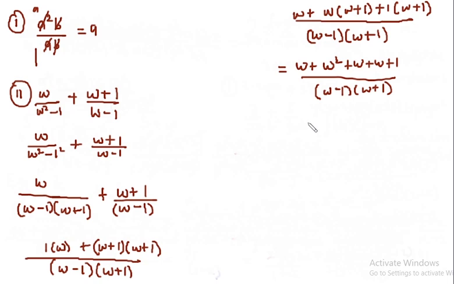We can simplify all of this here and say this is w squared plus w plus w plus 1, which is w squared plus 3w plus 1 divided by w minus 1, w plus 1. Let's look at another example.